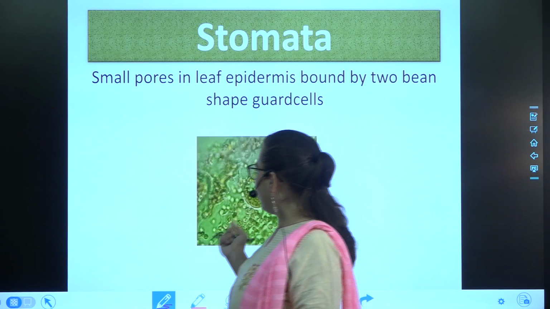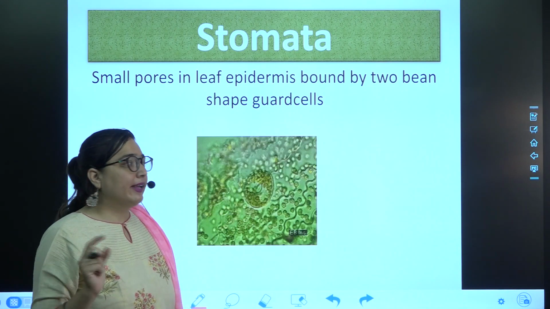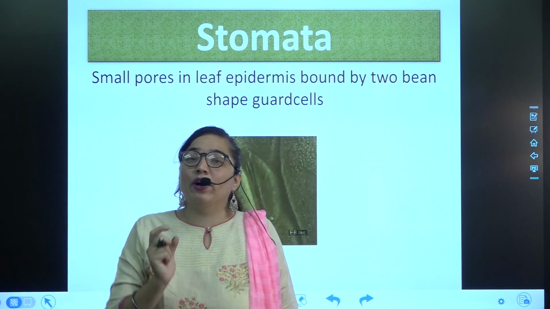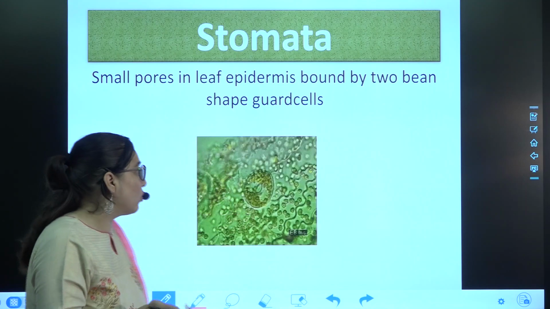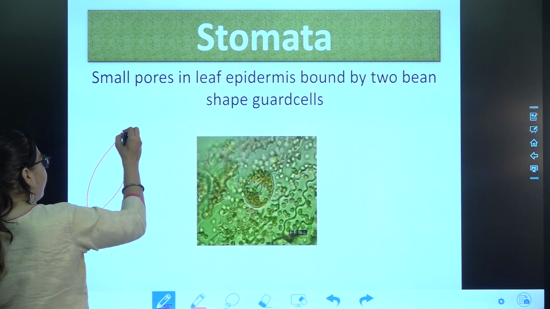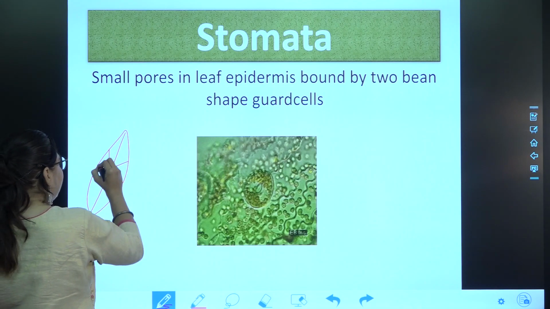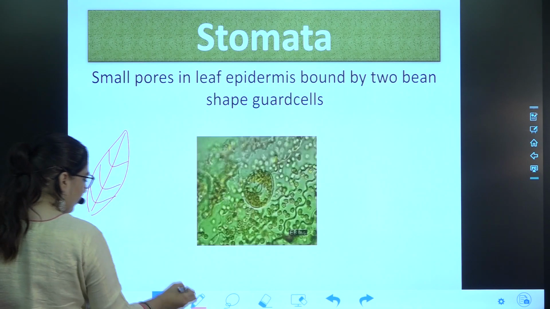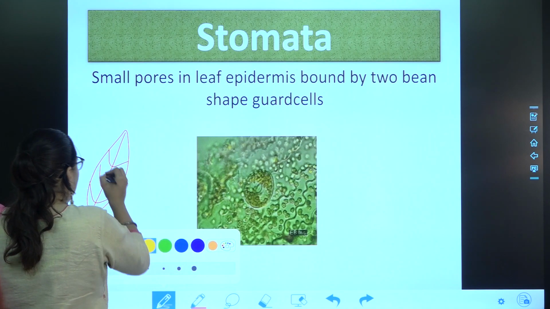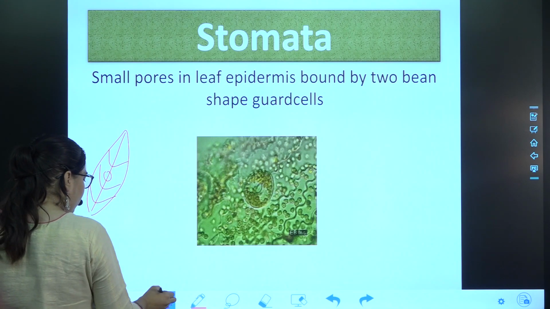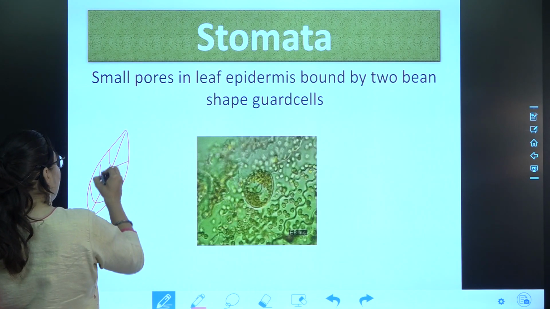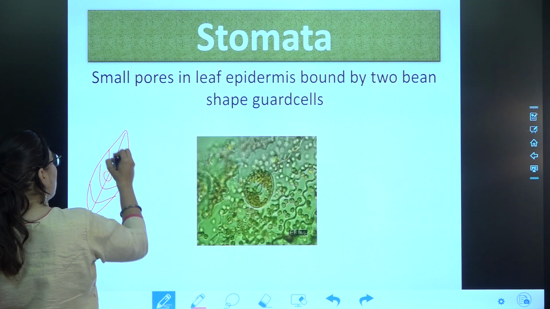If I try to explain, early in the morning, many times, whenever there is no rain, even at that time, on the leaf, sometimes you observe small drops of water.